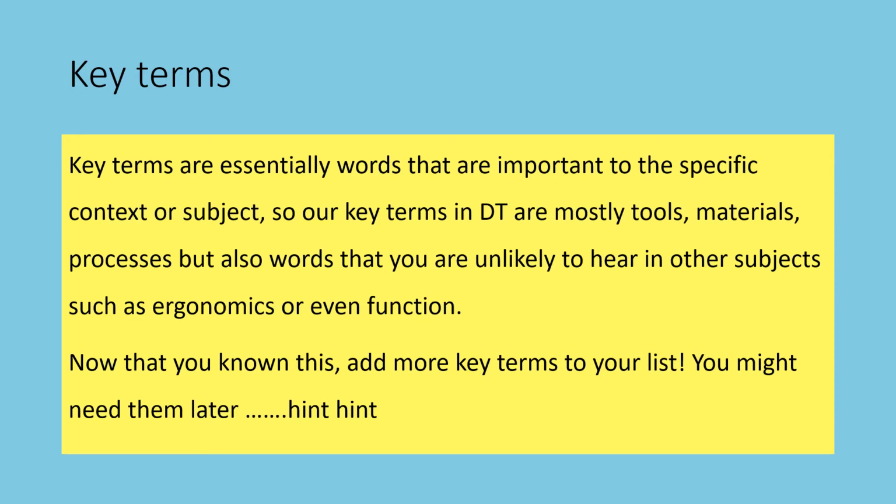Processes that we use like wasting and fabrication, which we've not gone on to yet, but using tools, equipment, and also, again, subject-specific words that you wouldn't really hear necessarily in other subjects, such as ergonomics, aesthetics, or even function, because function really relates to DT. We design and make products which have a function. They have a specific purpose to do something.